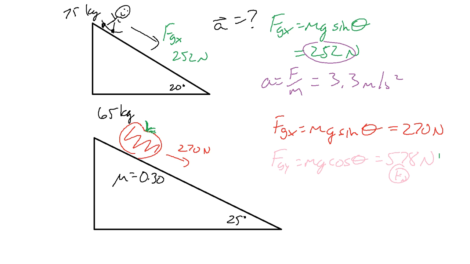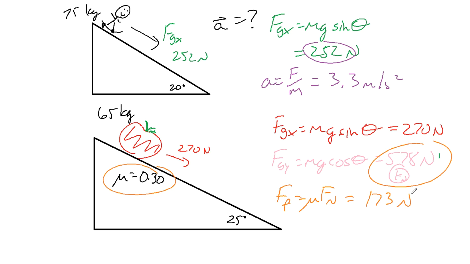Now I can find my friction. My force of friction is just mu Fn, and my Fn is just my FGY, so if I multiply those two together, there's 173 newtons of friction.